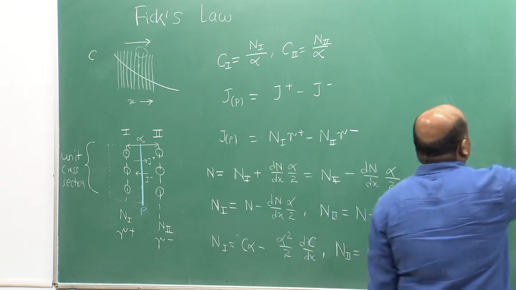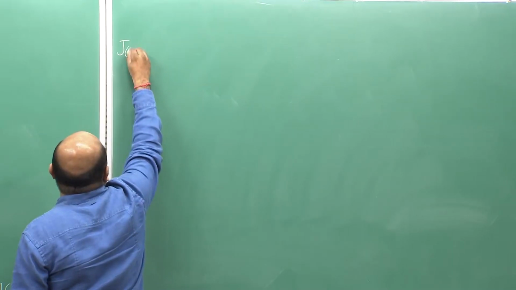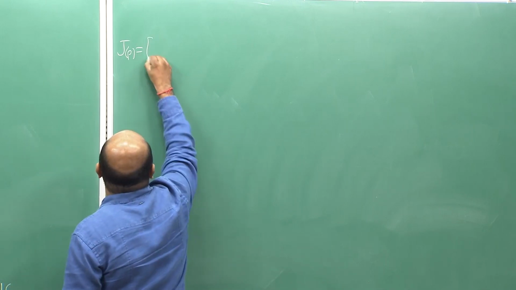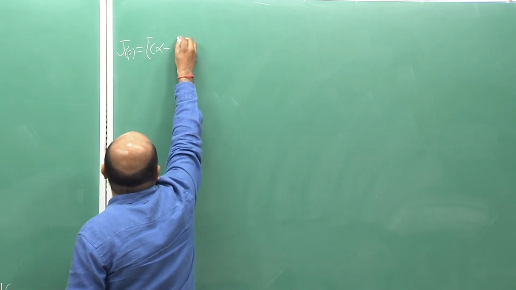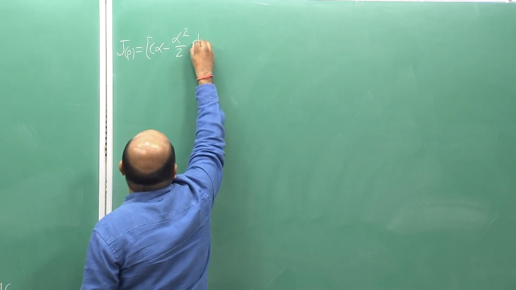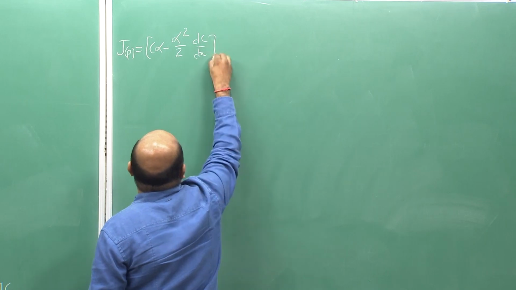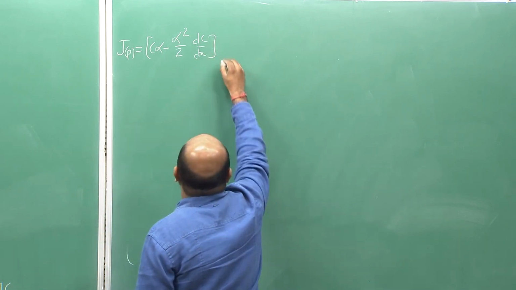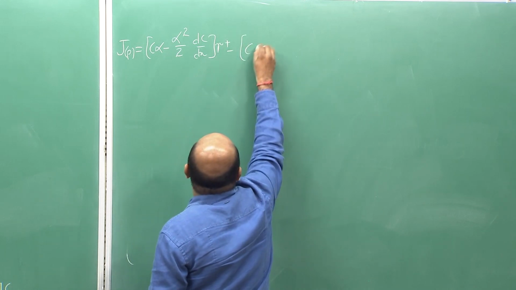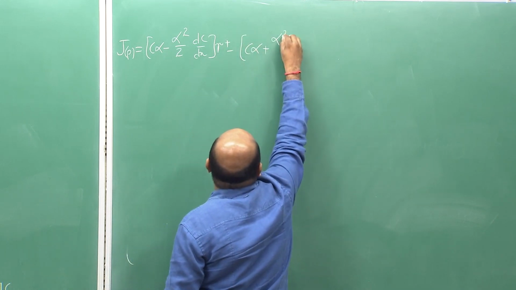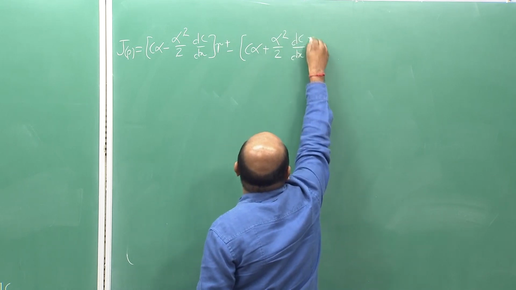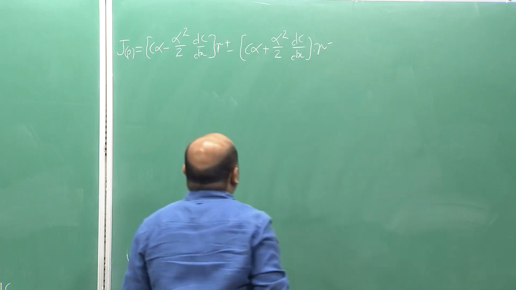So, if I substitute in j at plane P, I get c alpha minus alpha square by 2 dc by dx times gamma plus, and c alpha plus alpha square by 2 times dc by dx times gamma minus.